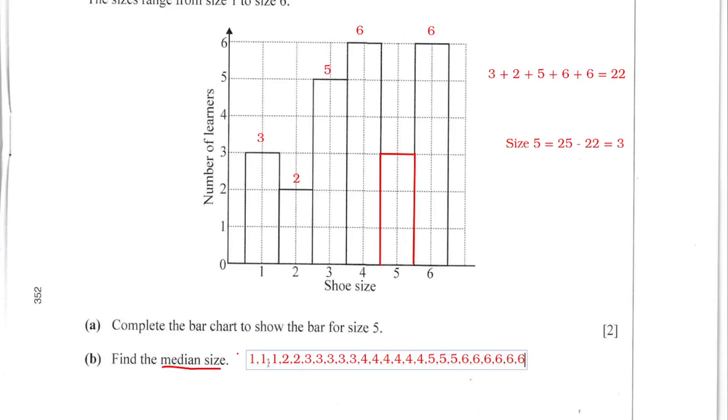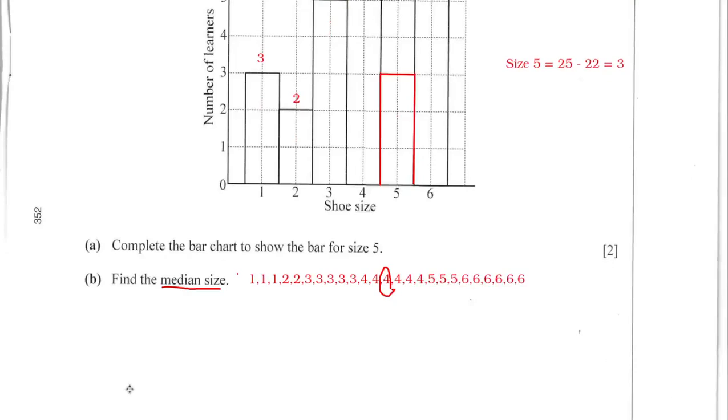So this is the 13th position. It's basically this number here. That's 12 and that's 12. So basically that's the 4. That's the median. So the median is 4.